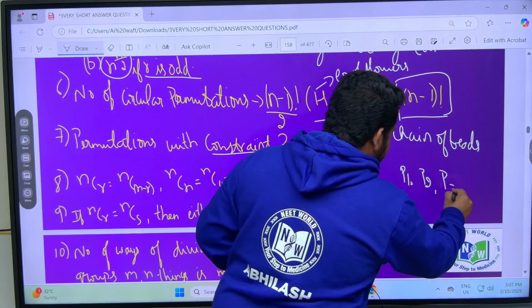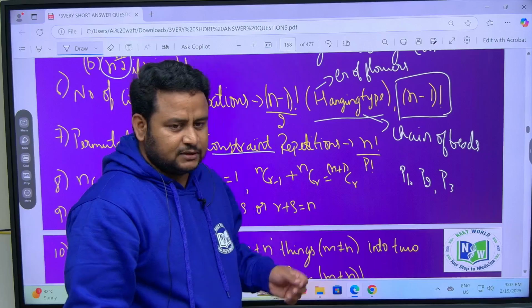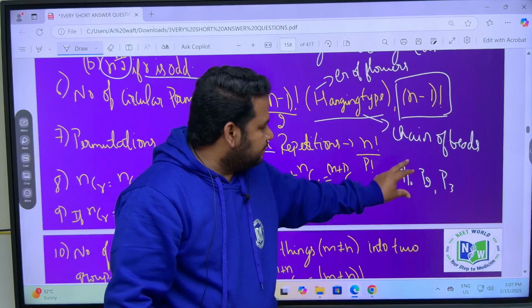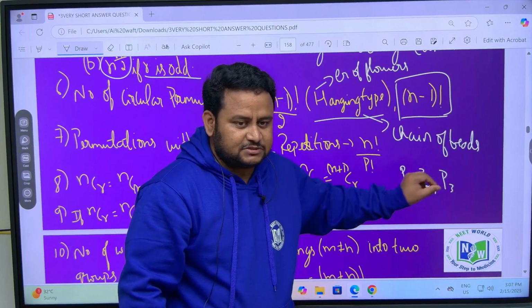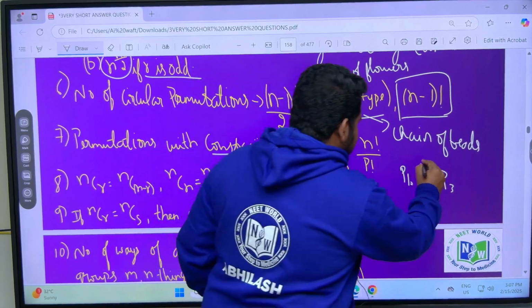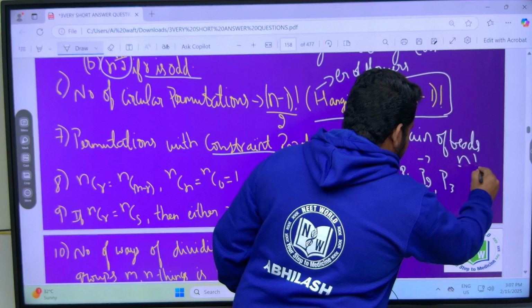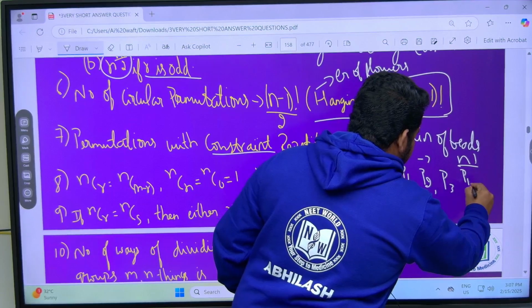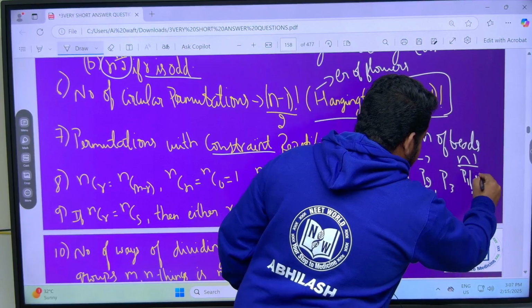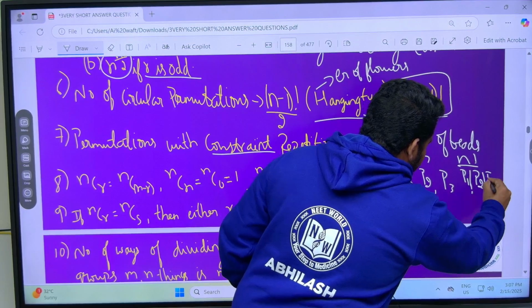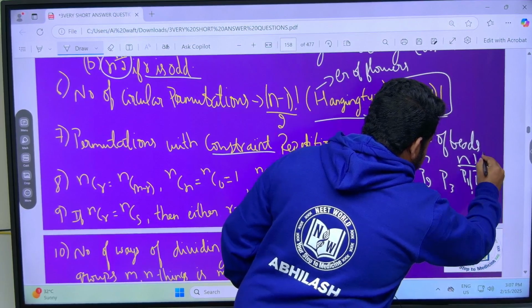Then the number of permutations when p1 items are of one type, p2 items are of one type, p3 items are of one type is given by n factorial by p1 factorial into p2 factorial into p3 factorial, friends.